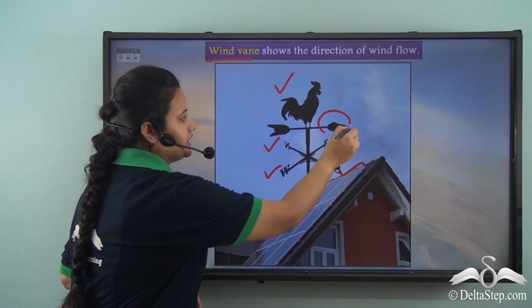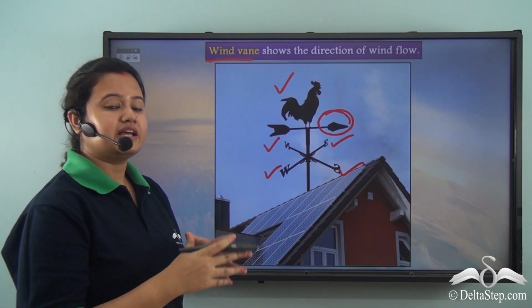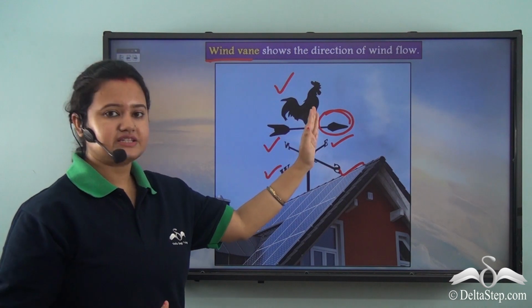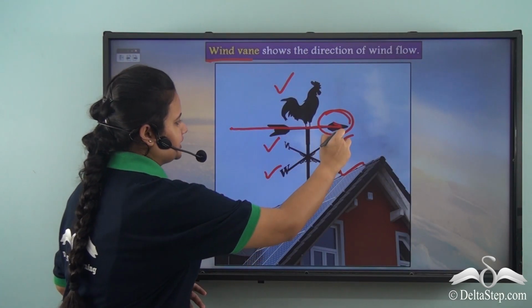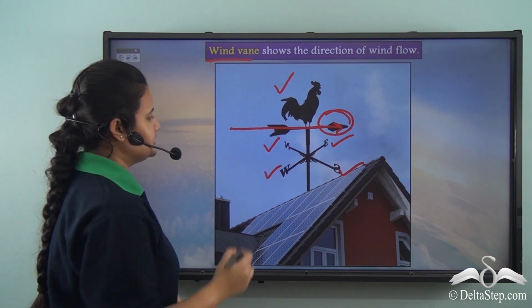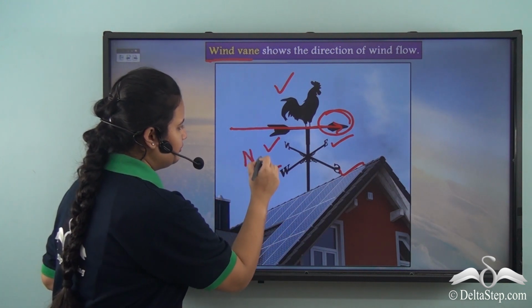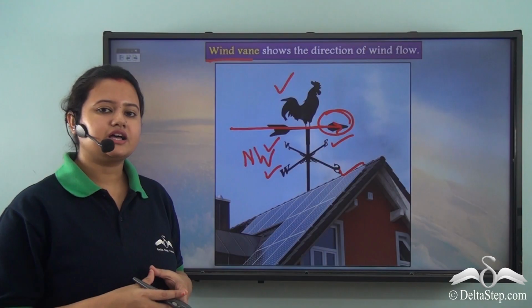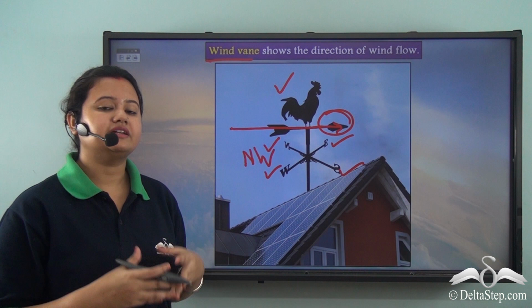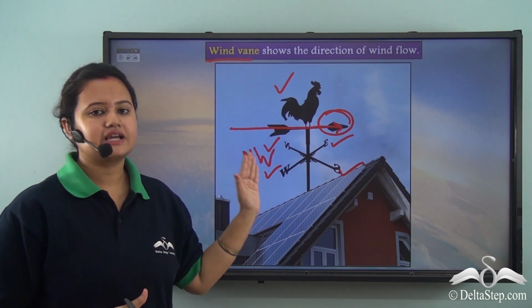Now the arrowhead of this device points the direction from which the wind is coming. Well, the wind is coming from this direction, that is between north and west. So the wind is coming from the northwest direction as shown by the arrowhead. So this is how a windvane helps us to determine the direction from which the wind comes.